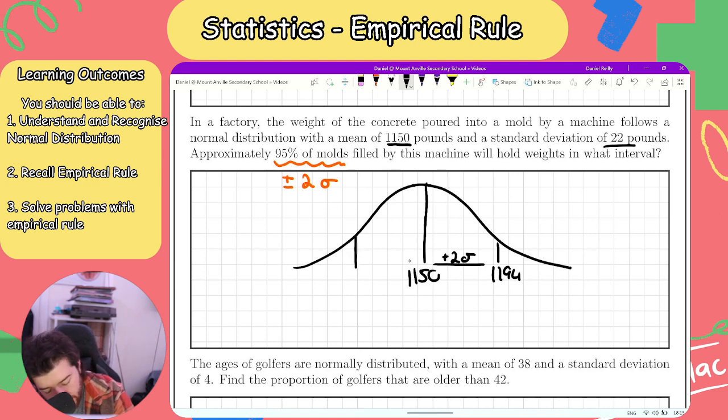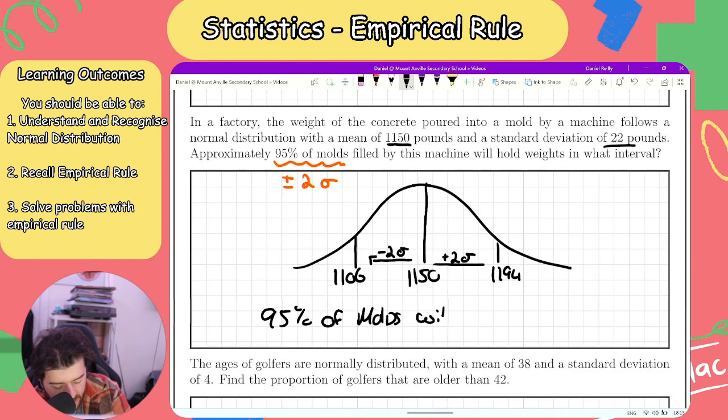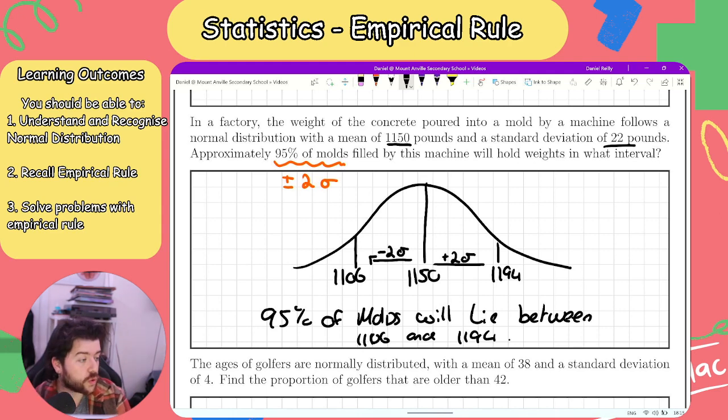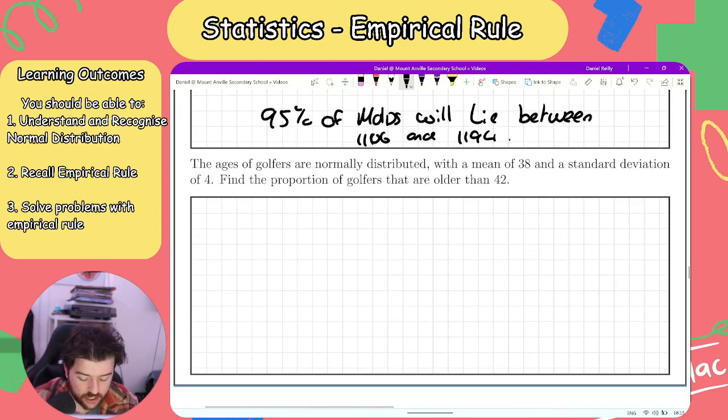And then below that, minus 2 standard deviations, 1,106. So 95% of molds will lie between 1,106 and 1,194 pounds.